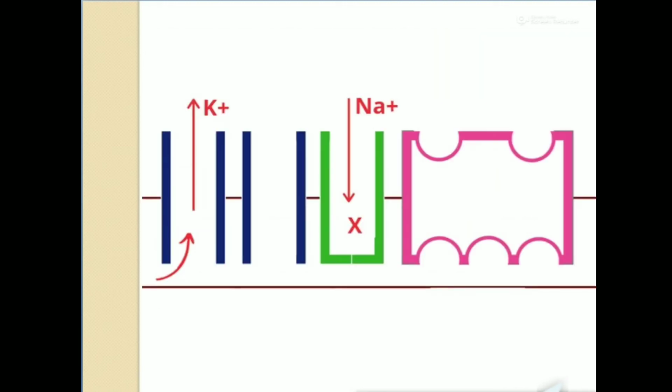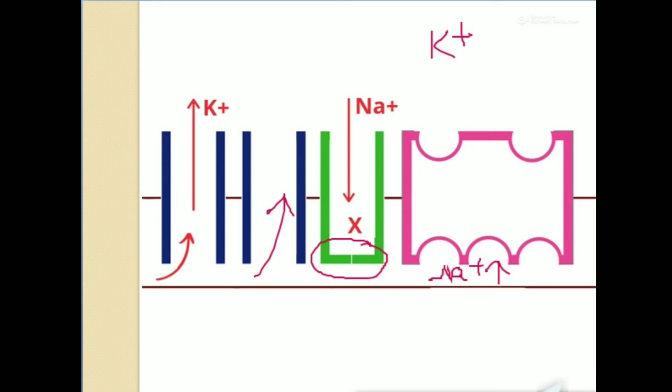After the sodium ions entered inside the cell, the sodium channel became closed, and at that moment all the potassium channels became open. That causes the concentration of sodium inside the cell to become higher and the concentration of potassium outside the cell to become higher.